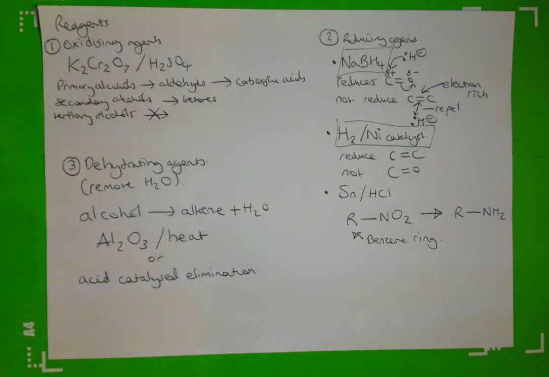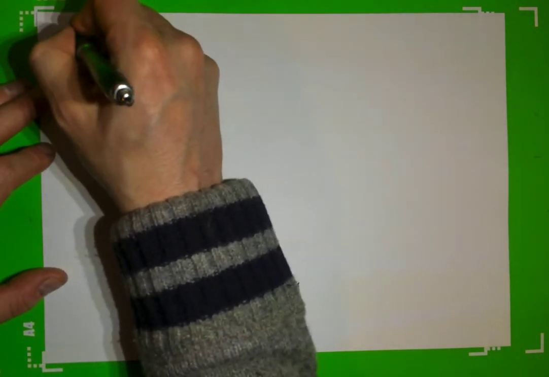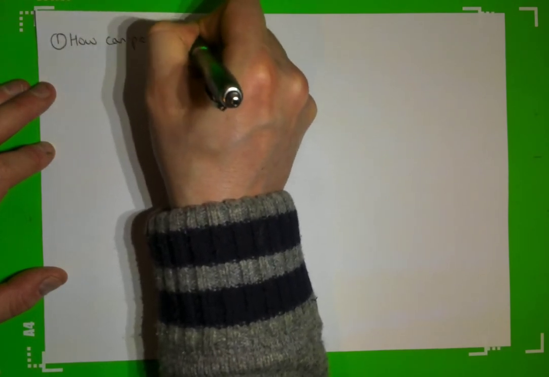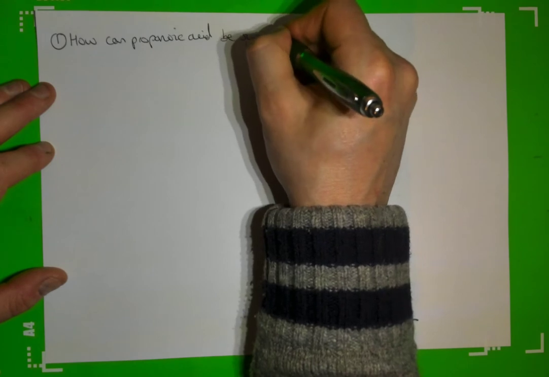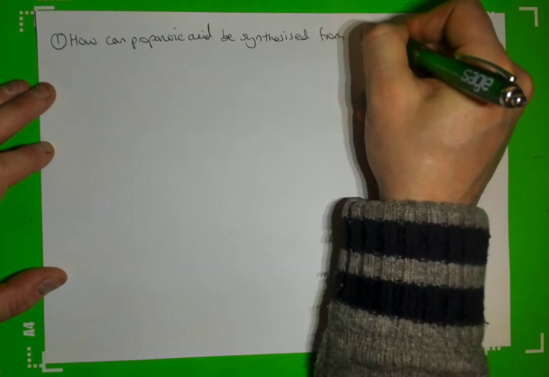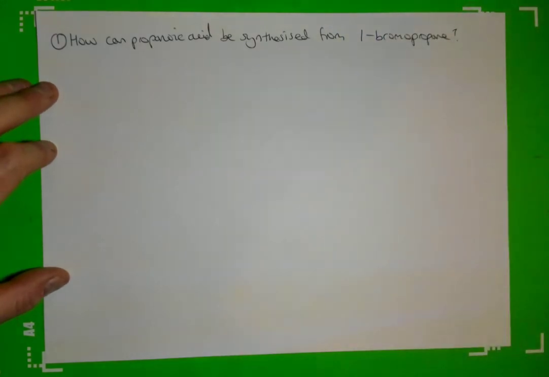Okay, let's now have a look at some reaction schemes. Let's ask ourselves the question, how can propanoic acid be synthesized from 1-bromopropane?